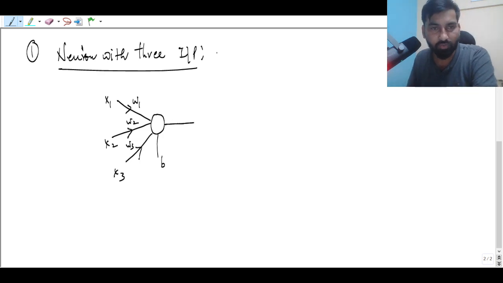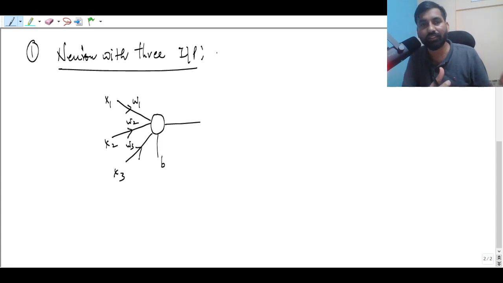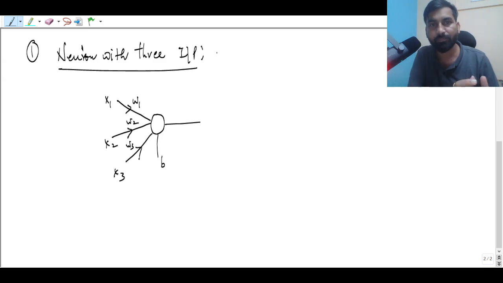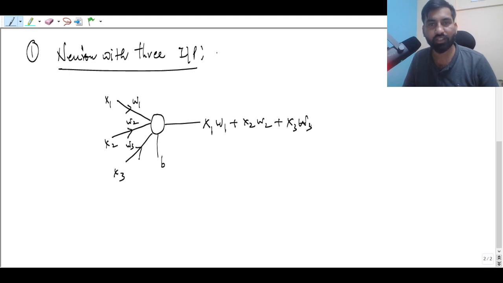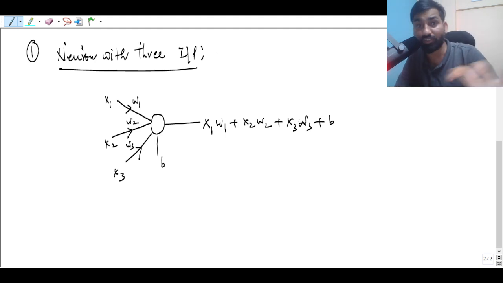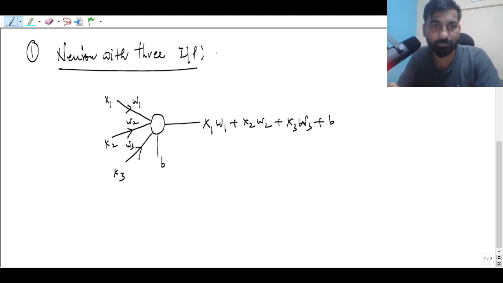Now what is the job of this neuron? Mathematically, this neuron takes the inputs, multiplies them with the weights and sums them up. So it performs this summation operation: x1 times w1 plus x2 times w2 plus x3 times w3 plus the bias term. In the question the bias is set to 0.